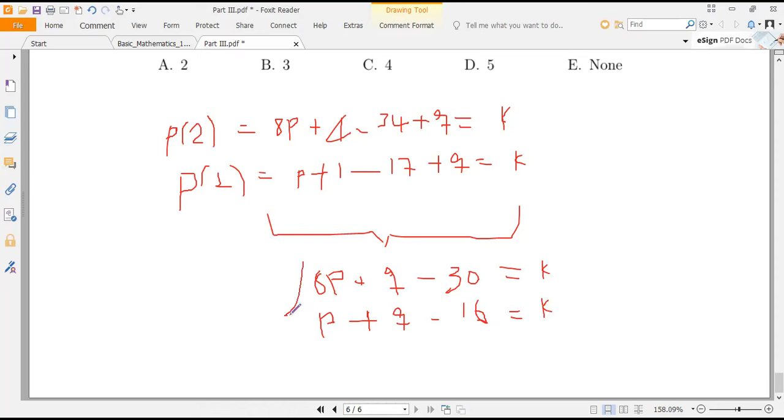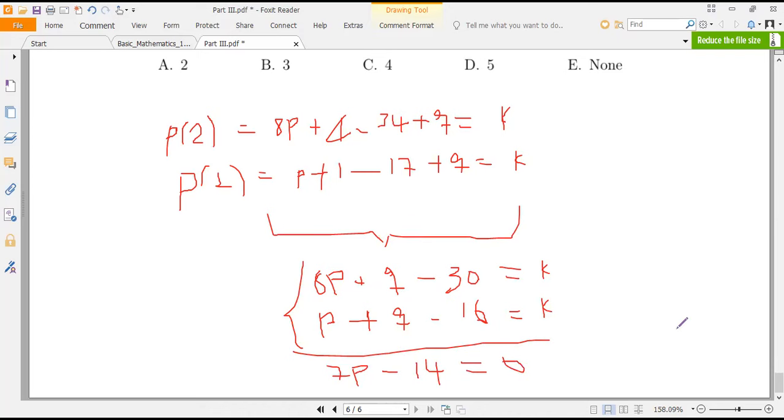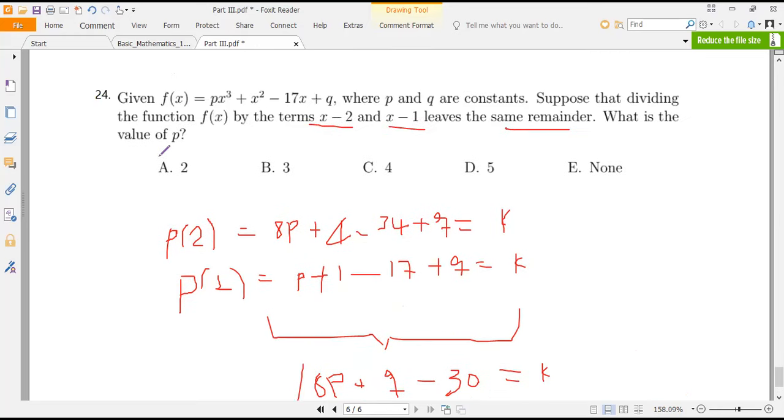So subtract from top to down. 8p minus p is 7p, q minus q is 0, and the constants give minus 67, and k minus k is 0. So dividing by 7, p is equal to 2 is the solution, which is choice A.